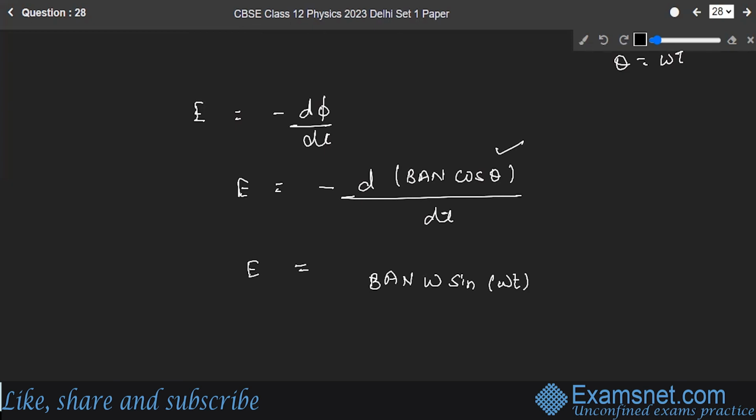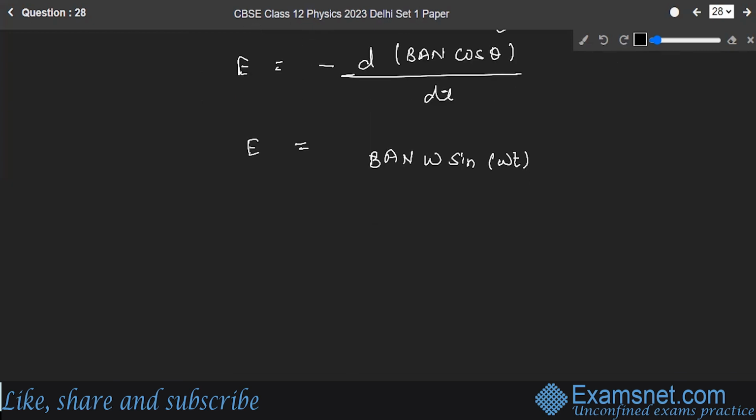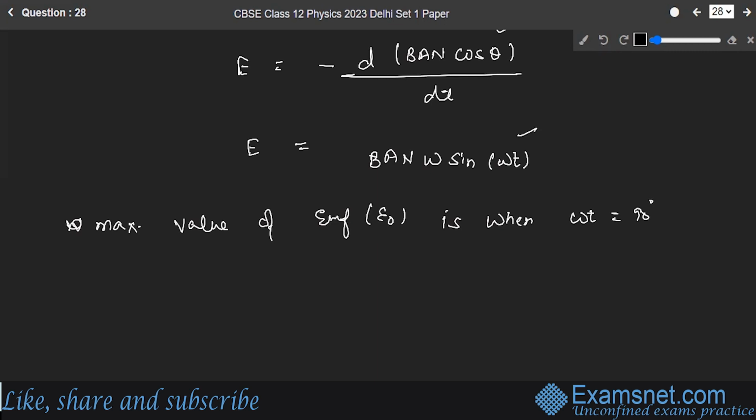The maximum value of the induced EMF, that is E naught, is when omega t is equal to 90 degrees, because then sine will be equal to 1. Now this is when the coil is in the plane of the field, and this is given by E naught equal to BAN omega. All right. So this is the expression. Hope you are clear with this.